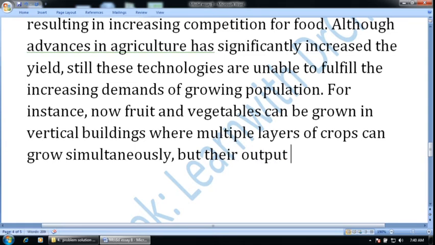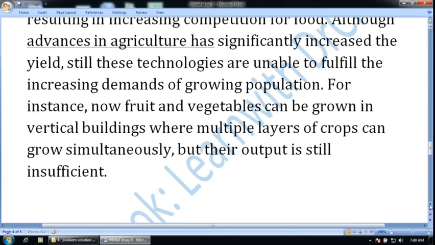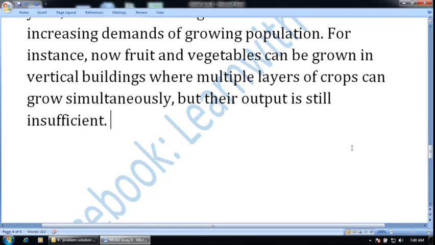For instance, now fruit and vegetables can be grown in vertical buildings where multiple layers of crops can grow simultaneously, but their output is still insufficient. This is an example of advanced technology. But their output is still insufficient because their product is not enough in quantity to feed a large population.